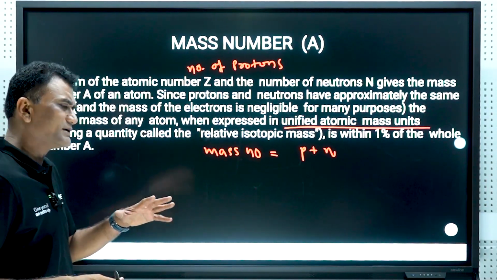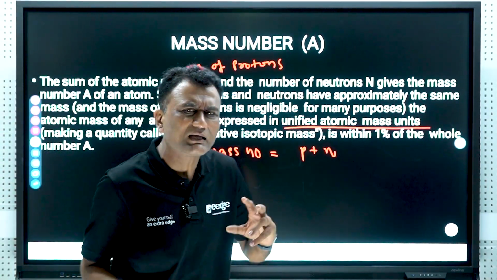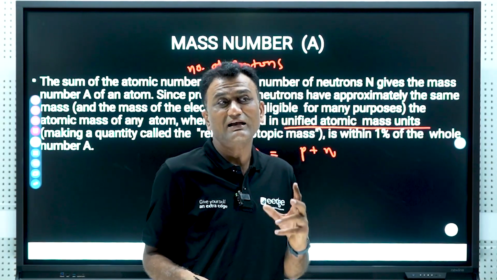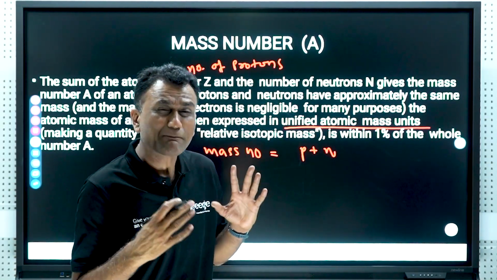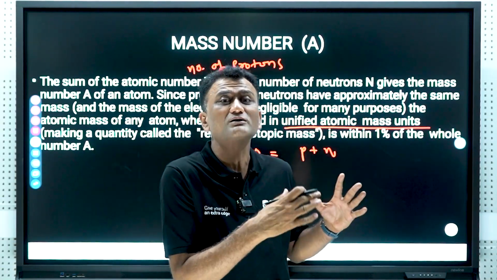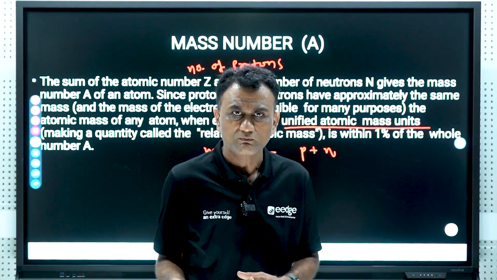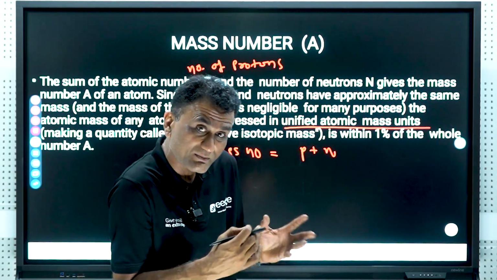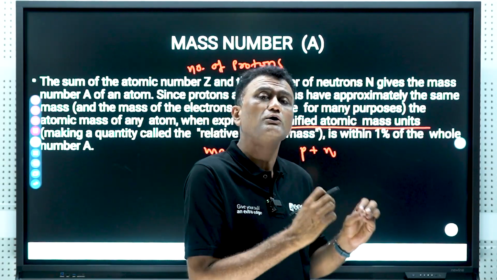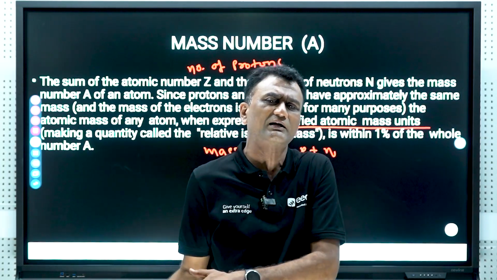So protons and neutrons have approximately the same mass, and an electron is a very, very light particle. A proton is approximately 2000 times heavier than an electron. Okay, yes, you heard it correct. Protons and neutrons are approximately, I'm saying, 2000 times heavier than an electron.